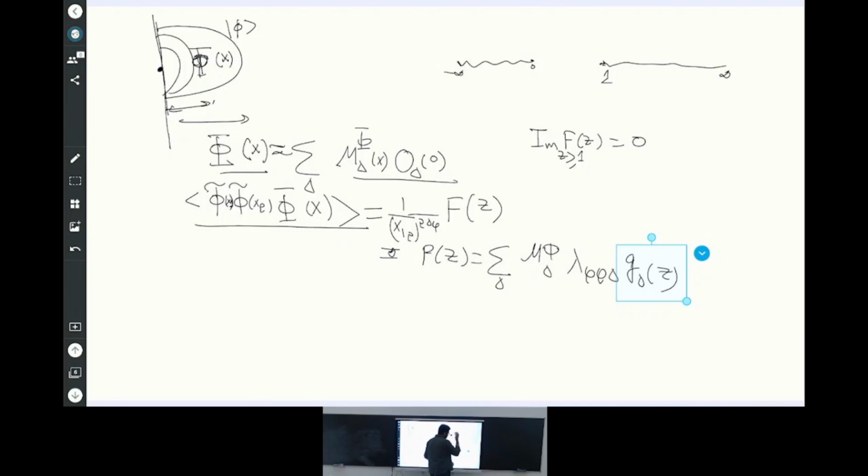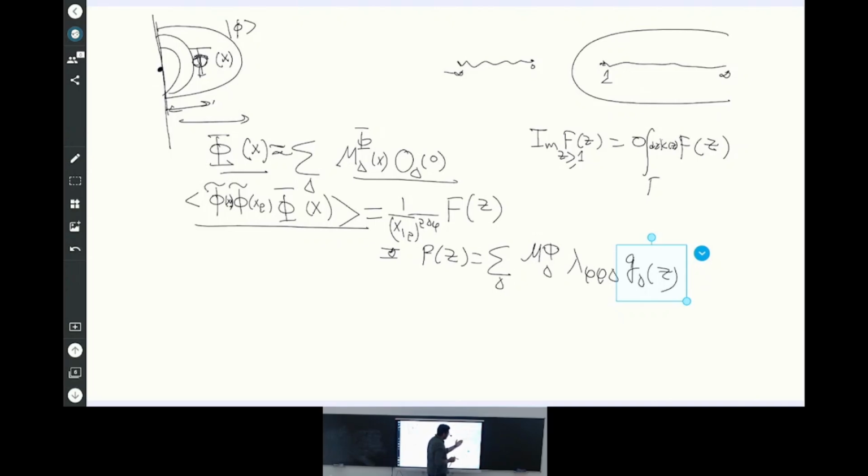So how do I construct a functional for this? The idea is I just integrate this function with some kernel, let me call it k of z. I integrate this over some contour, but this function is completely analytic, and I choose a certain k of z so that at z going to infinity, I can forget about the arc.